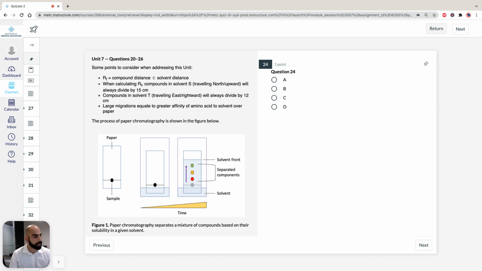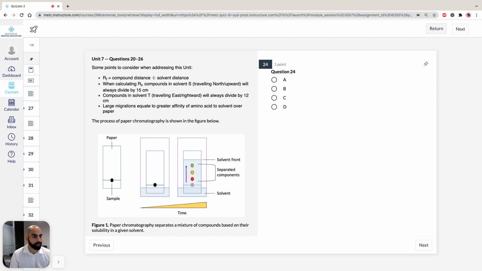If you take a look at figure 1, you can see that glycine, serine, tyrosine, alanine, and lysine all have similar RF values for solvent S. But if you tilt your head, for solvent T they all have different values.